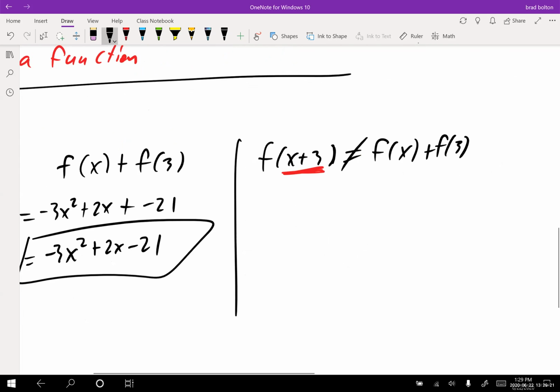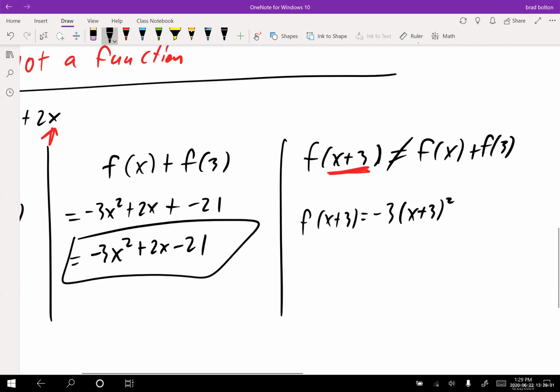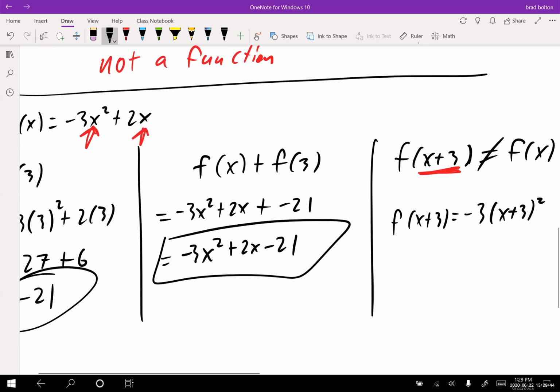Okay. So I'm going to say that f of x plus 3 is equal to negative 3 times x plus 3 squared plus 2 times x plus 3. Whatever they said, that's how the notation works.